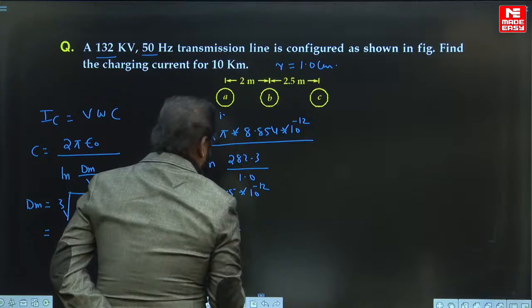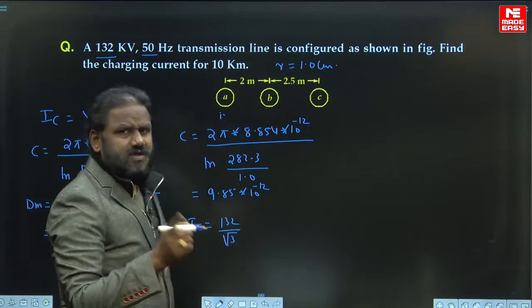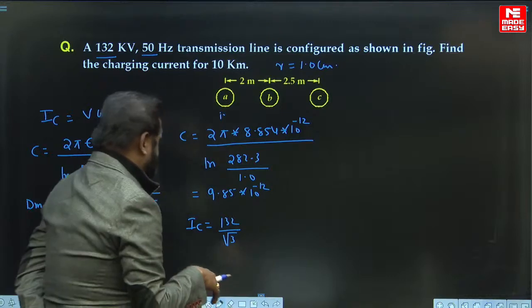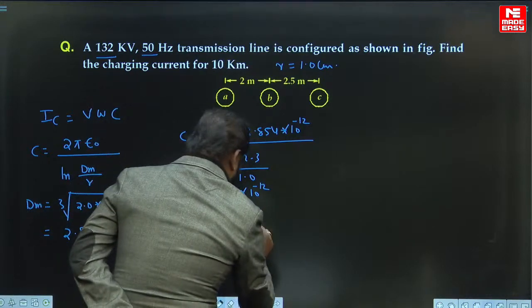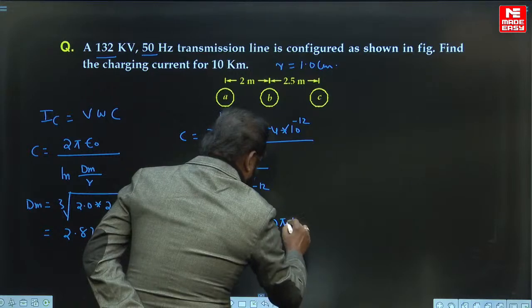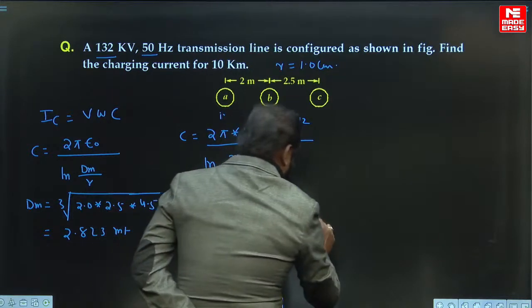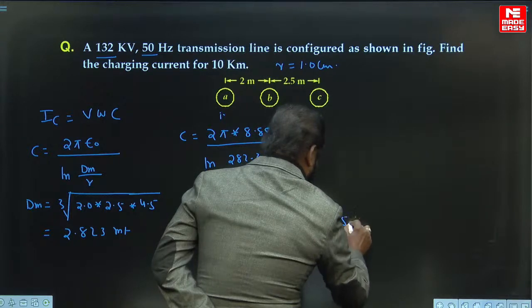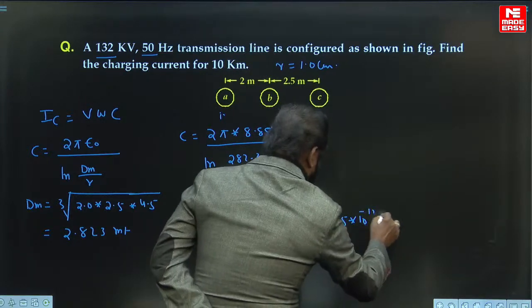The capacitance you have taken is line to ground, therefore you need to consider the potential also line to ground. So 132 kV into 10 cube into 2 pi into 50 into 9.85 into 10 power minus 12.